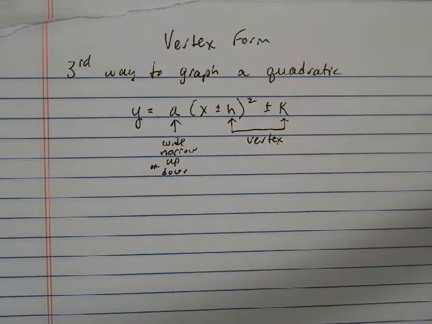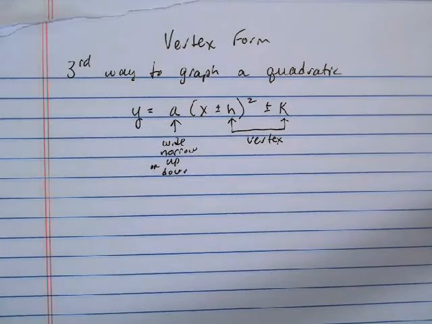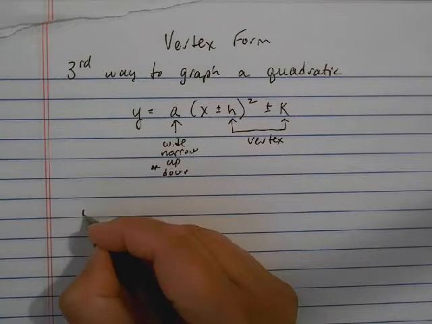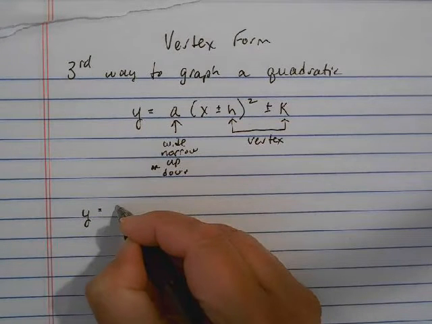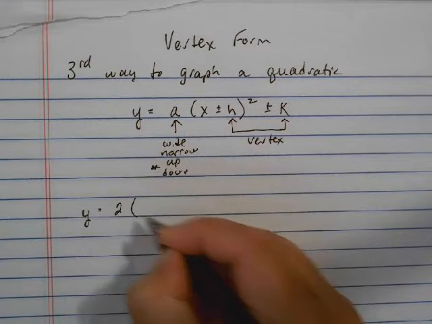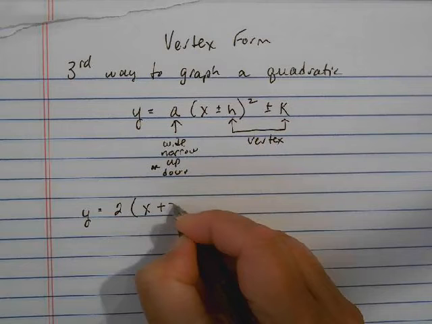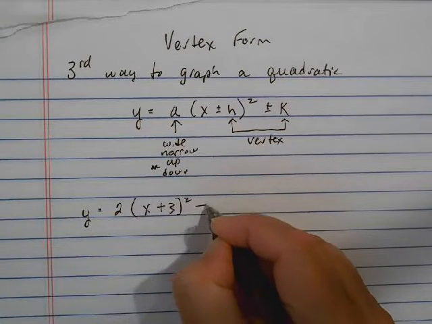So that number A, the constant that comes in front of the parentheses, is going to tell us a lot. So we're just going to jump right into this and graph some parabolas. Let's start with one that looks like this. Y equals 2 parenthesis x plus 3 squared plus 4.